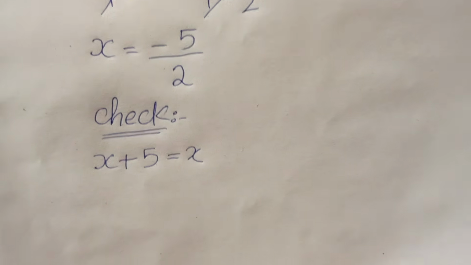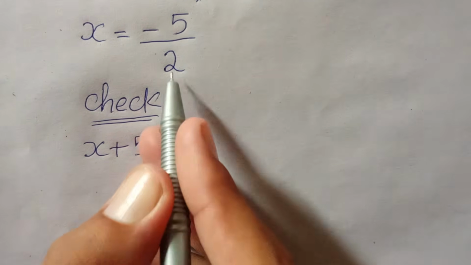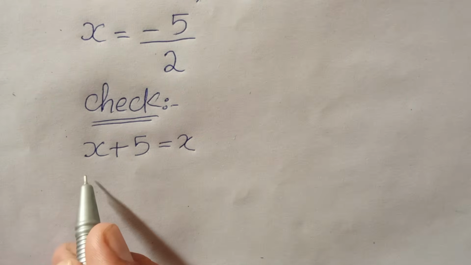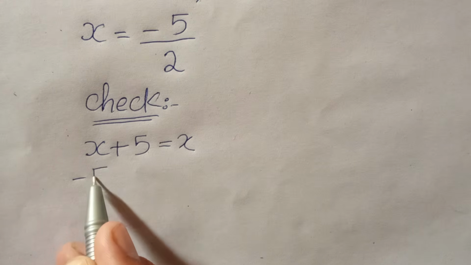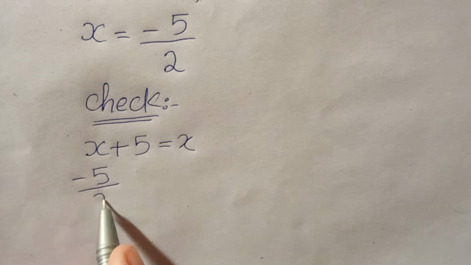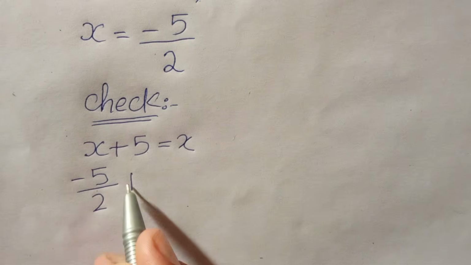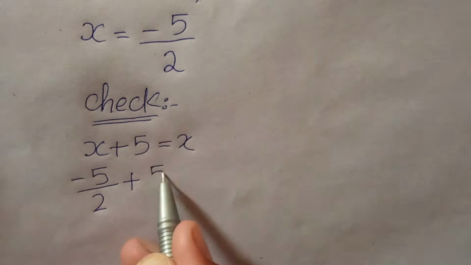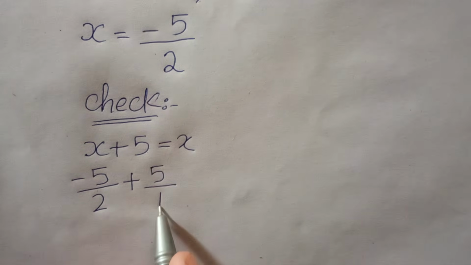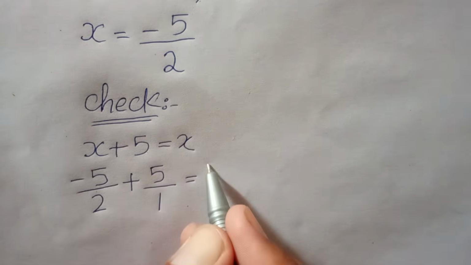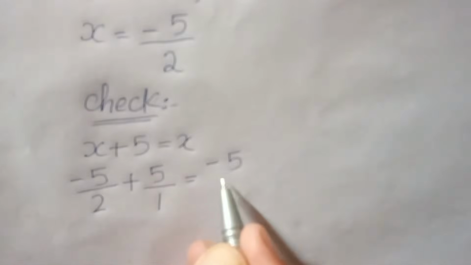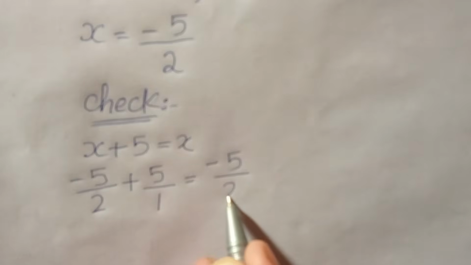Now the value of x is negative 5 divided by 2, so instead of x we put this value negative 5 divided by 2, plus this 5 can be written as 5 divided by 1, equals to, instead of this x we write negative 5 divided by 2.